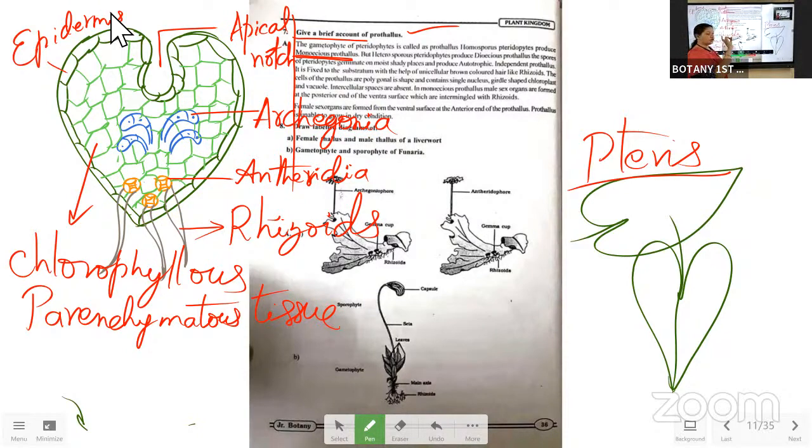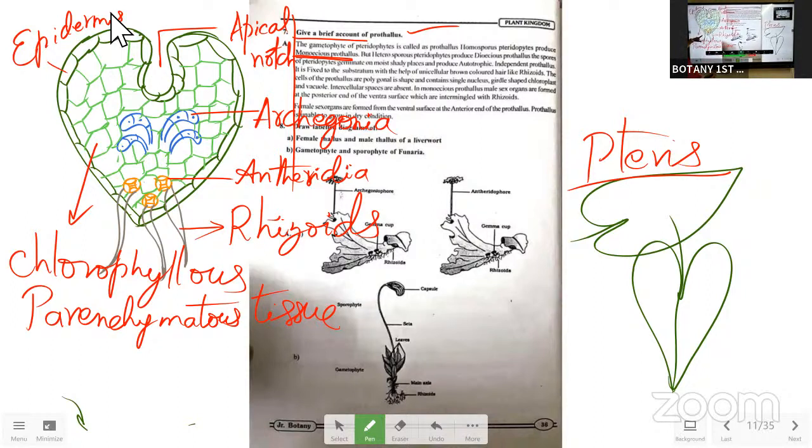These finger-like outgrowths are nothing but the archegonia, the female reproductive parts in the prothallus of the pteridophytes. At the base of the rhizoids, antheridia are going to be seen.